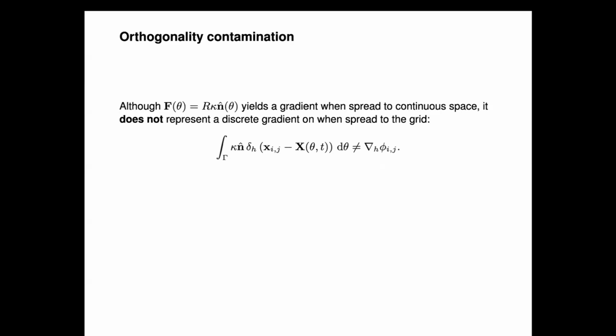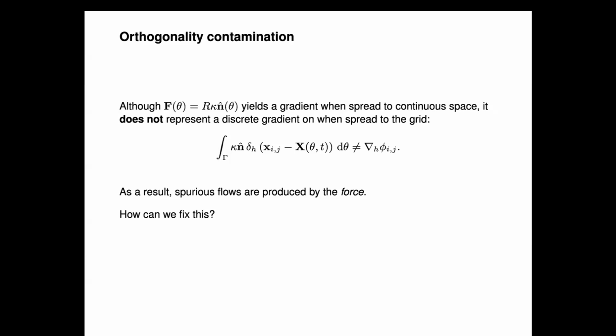So it's not so hard to show that if you have this normally oriented unit force or constant force times this regularized delta function, this is in general not equal to some discrete gradient of a grid function. In general, it's not going to be that. And so if you don't have the force as being a discrete gradient, then you will get a flow. And that's the fundamental problem that we're running into.